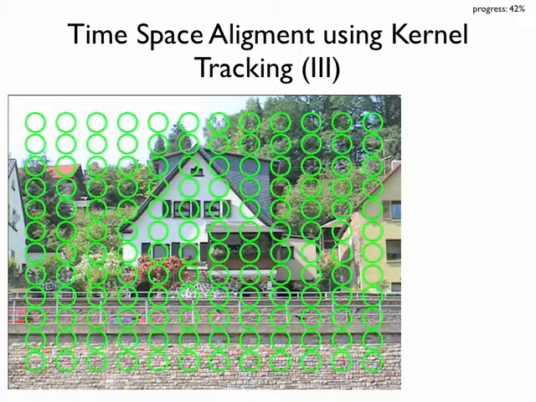Here you can see how this tracking works. Here, green circles, each circle represents a kernel that is being tracked, and the colors go from green to red and represent the error.